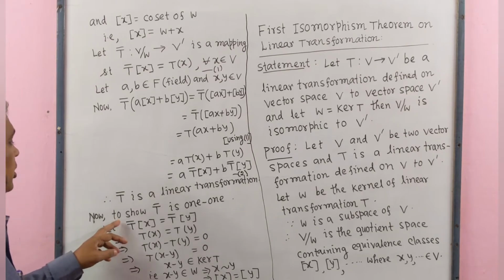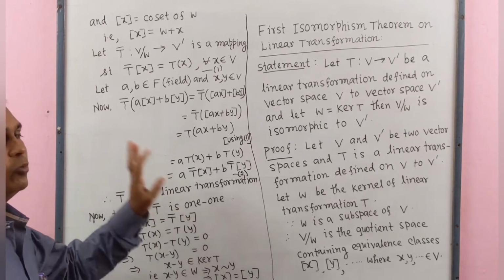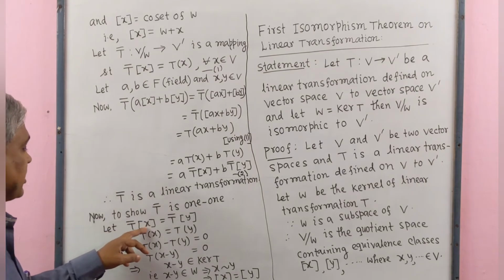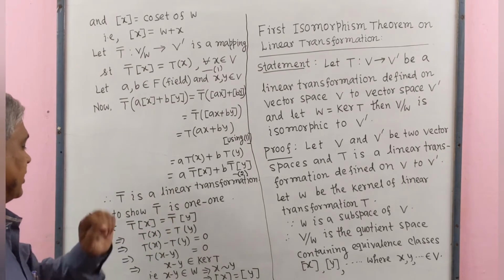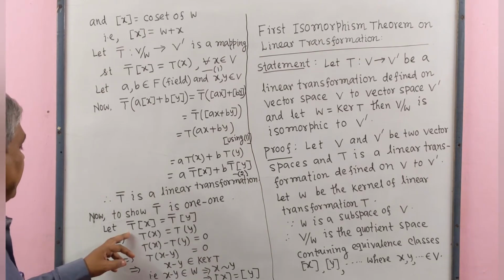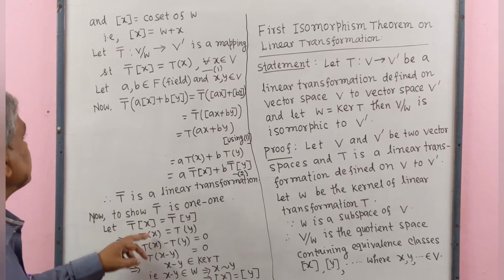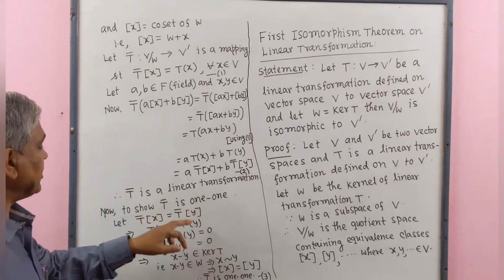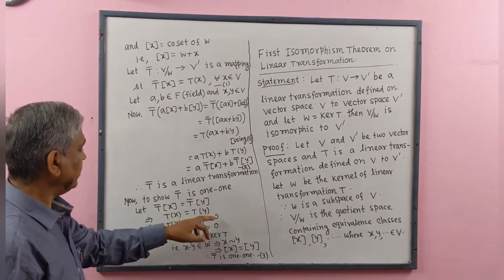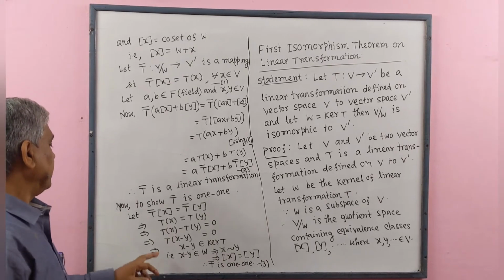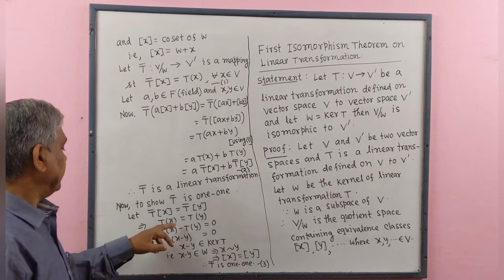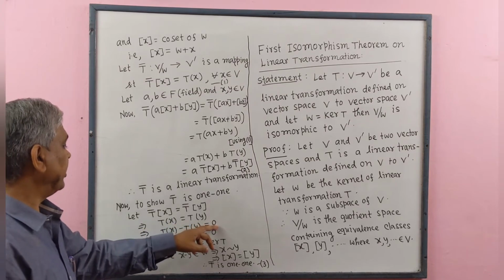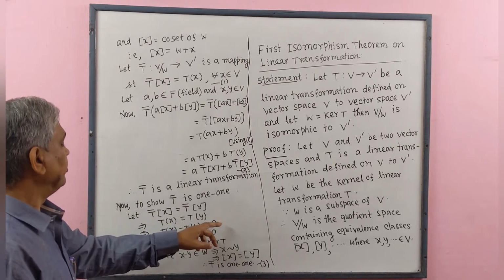Now to show T bar is one-one, let T bar of class X equal to T bar of class Y. Since T bar of class X means Tx from 1 and T bar of class Y equal to Ty, this implies that Tx minus Ty equal to zero vector of V prime.